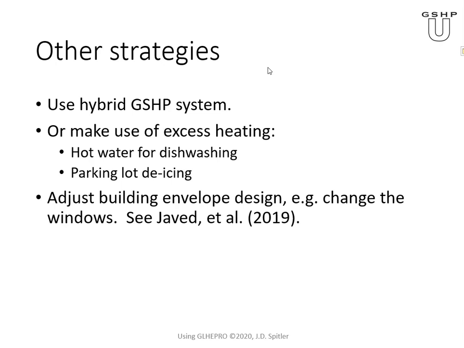Now there he had the opportunity to change the windows, right? And so what that did is, if you put windows with a lower solar heat gain coefficient, you would get lower cooling loads but higher heating loads, if I remember right.